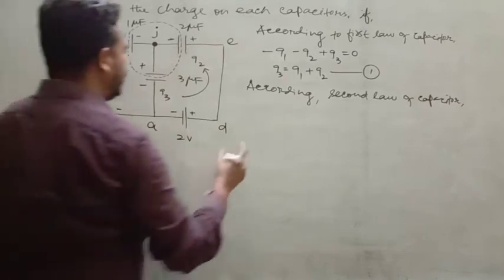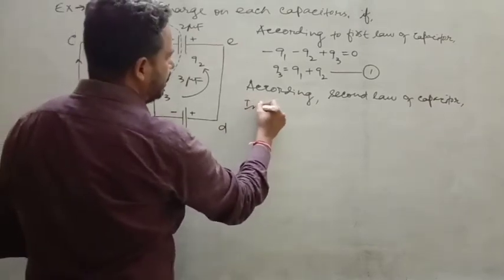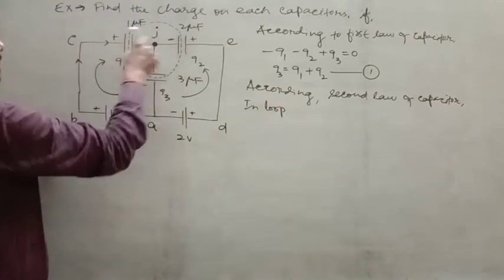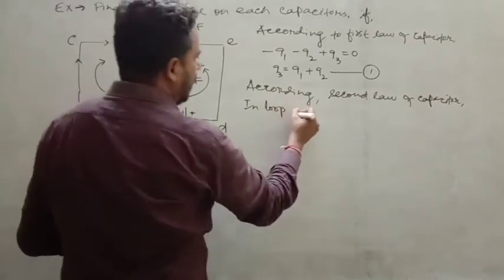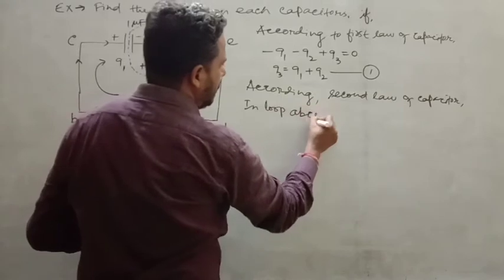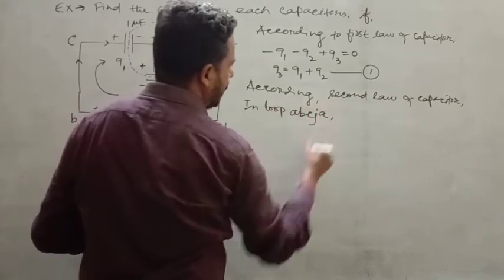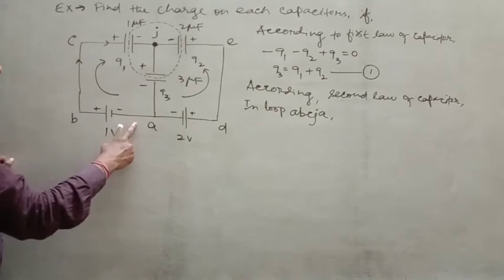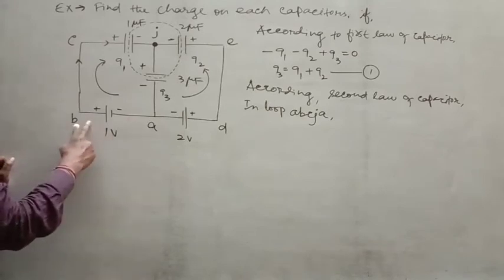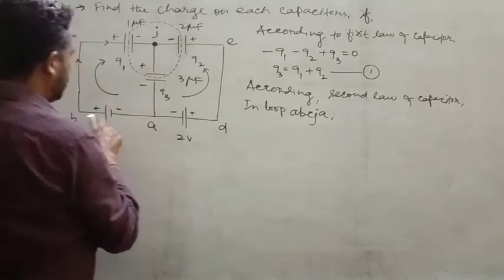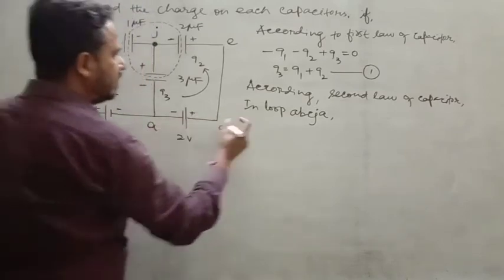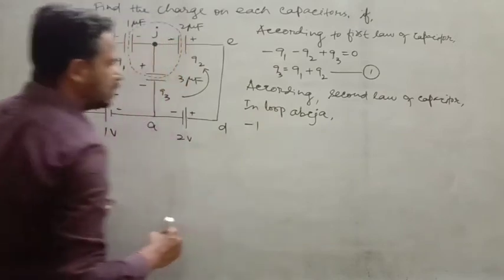In loop ABCJA, you are going from lower potential to higher potential in this EMF, so the potential in this EMF will be negative, minus 1 volt.